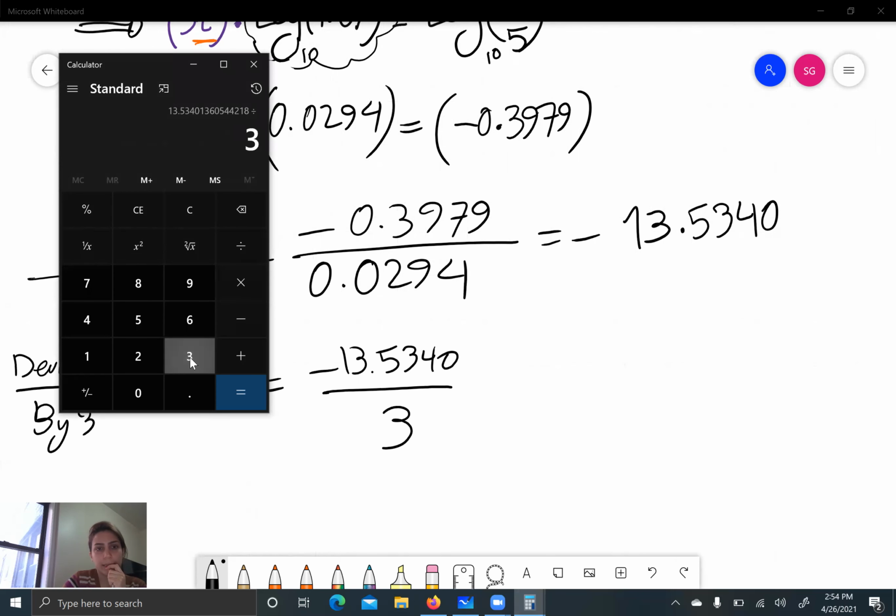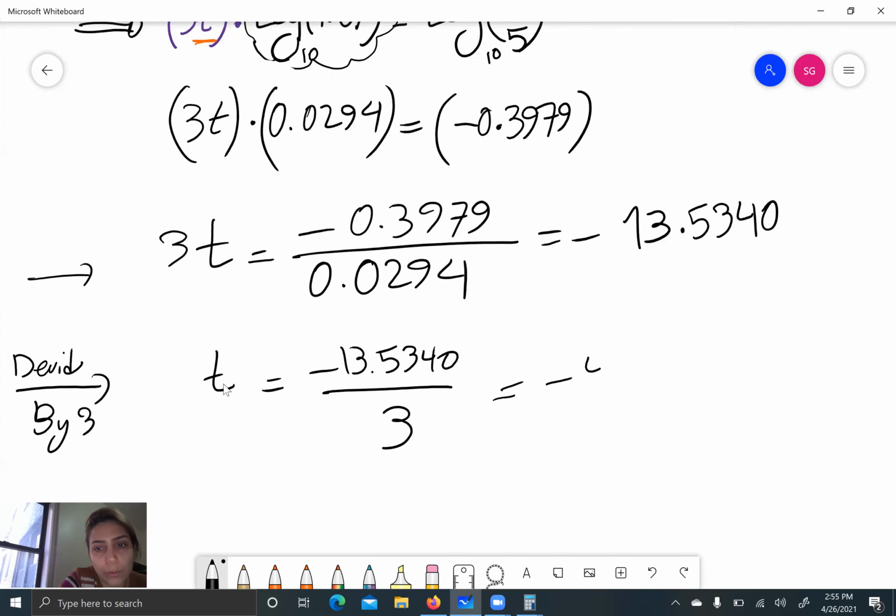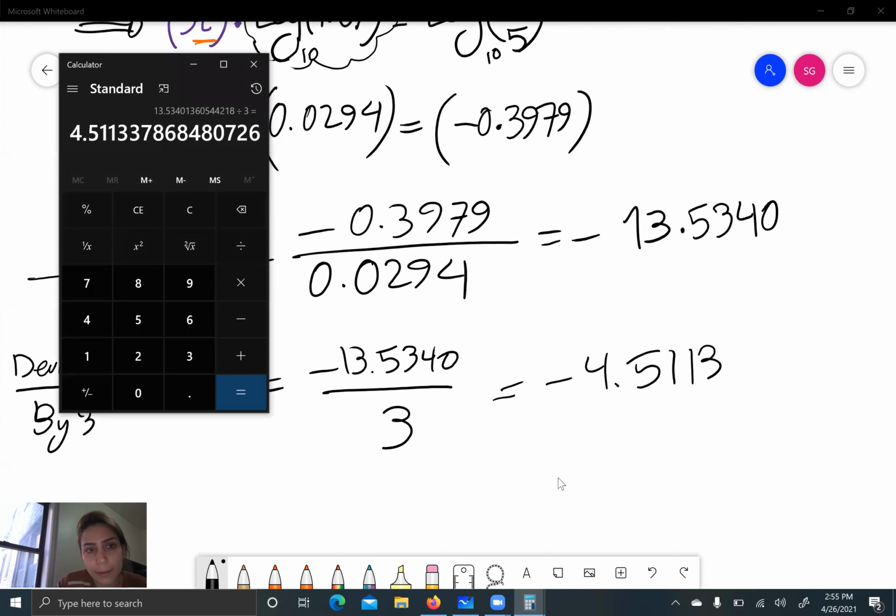Divide by 3, 4.5113. Is that right? Almost. Negative 4.5113. I carried the negative sign. I just did the calculation. Okay, fine. Yes.